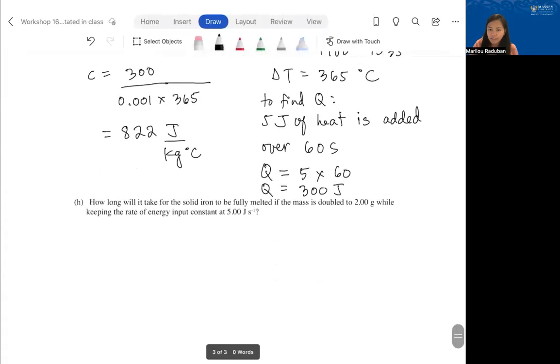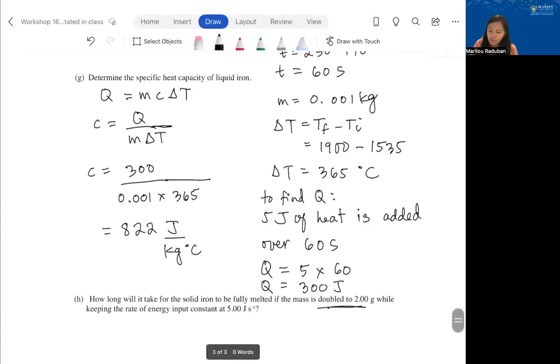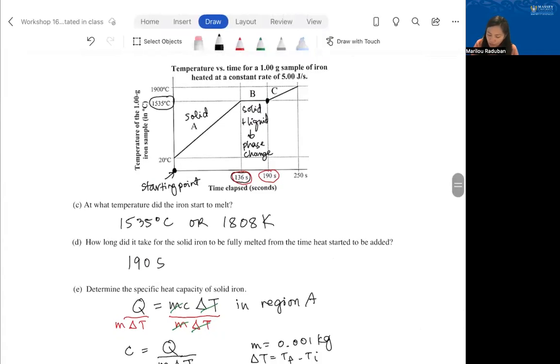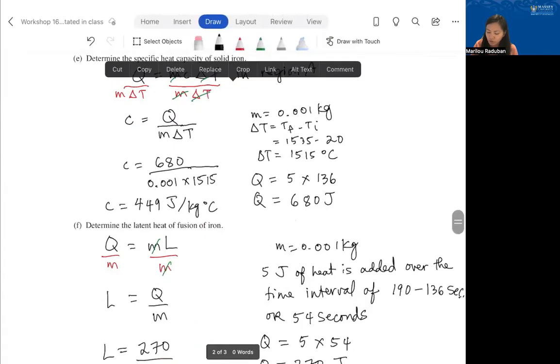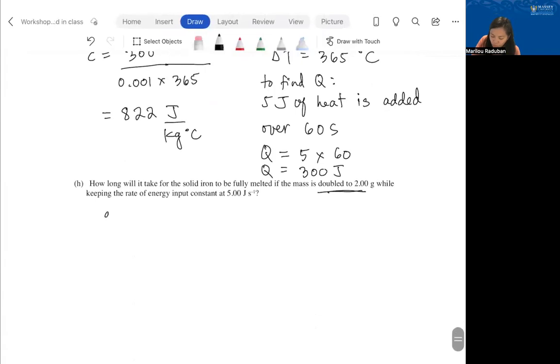All right, and finally, how long will it take for the solid iron to be fully melted if the mass is doubled to 2 grams? So the rate of energy input is still the same, 5 joules per second. In the previous question, in question D, we already said that it takes 190 seconds for 1 gram of solid iron to be fully melted.